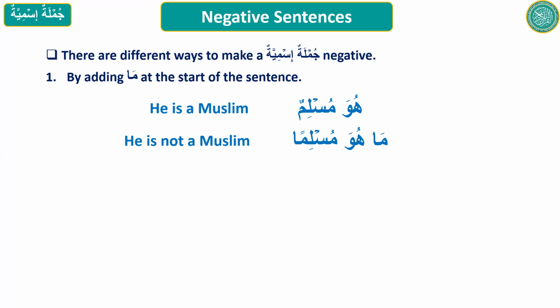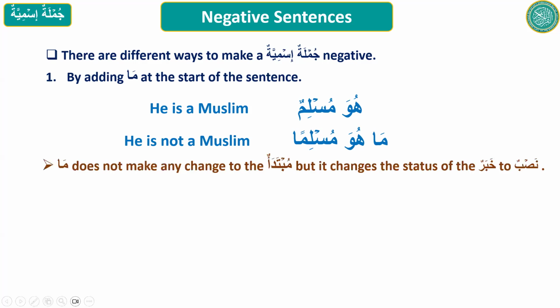So when a ma is used to make a jumla ismiya negative, it doesn't do anything to the mubtada, but it changes the status of the khabar to nasb. That's all it does. And it becomes a negative sentence. He is not a Muslim. So I wrote here, ma does not make any change to the mubtada.